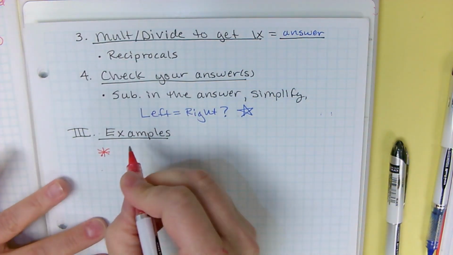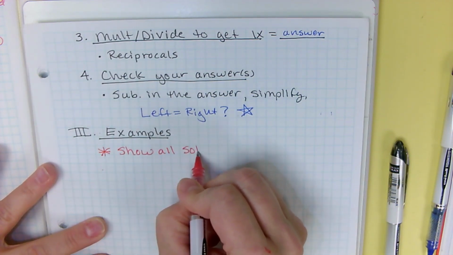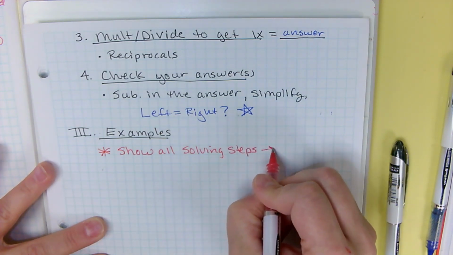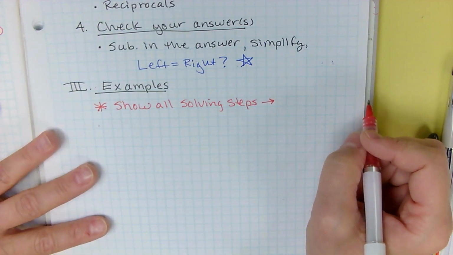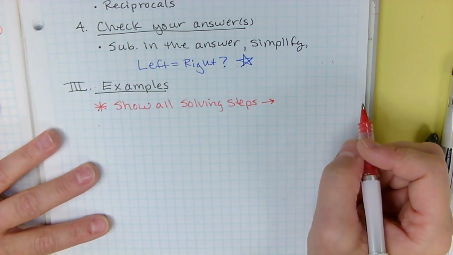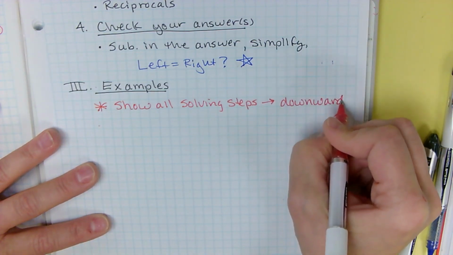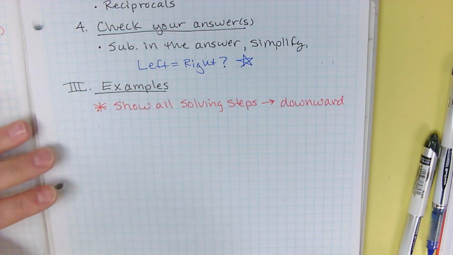So first thing is you need to show all solving steps. They're going to be so easy you can guess them, but that's not the point. The point is to start getting your work to be shown in a way that we can expand on. And we're going to go downward. Why? That's how the Greeks did it. I didn't invent it.